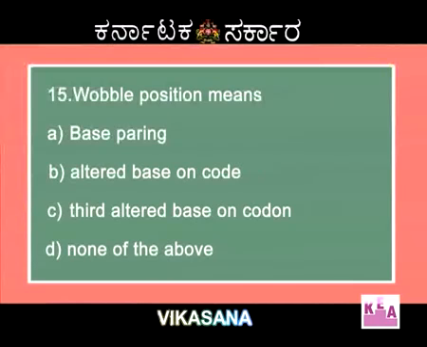Next, altered base on code. This answer is also not very specific because which code is being altered is not mentioned. Third one, they have specifically mentioned third altered base on the codon, that is the third base is altered.